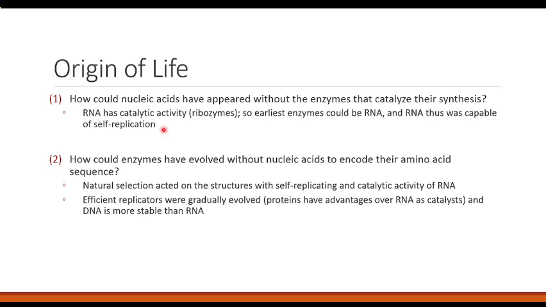Natural selection simply acted on the structures with self-replicating and catalytic activity of RNA, and as natural selection continued to select for the best, or rather the survivors, that are able to adapt to the conditions of the earth, more and more efficient replicators gradually evolved. Enzymes did evolve because proteins have more advantages over RNA as catalysts.